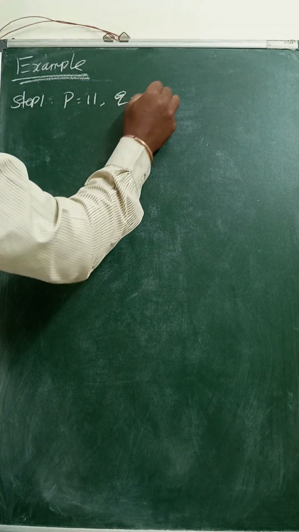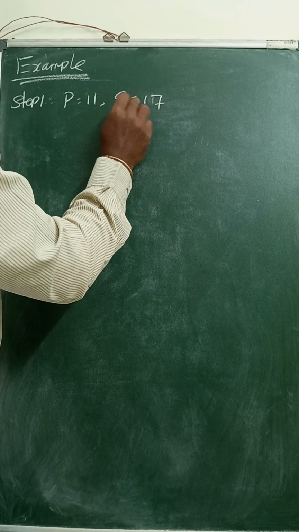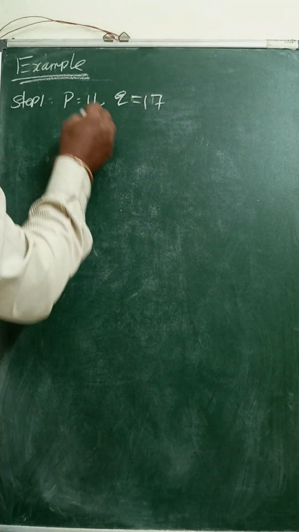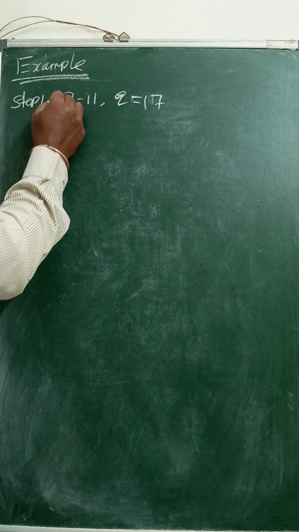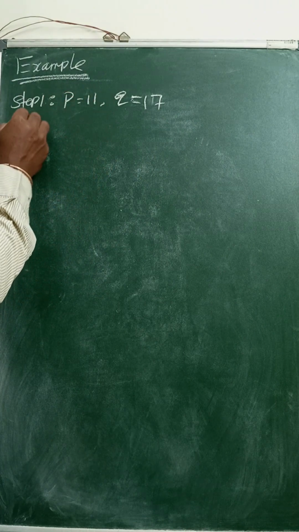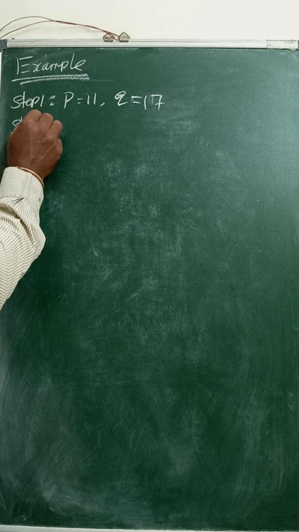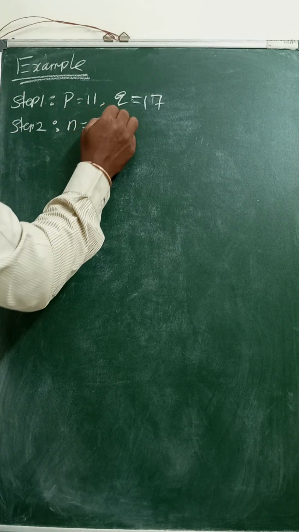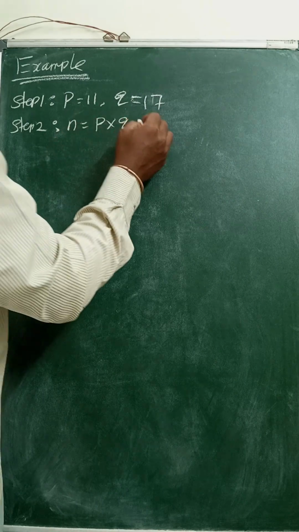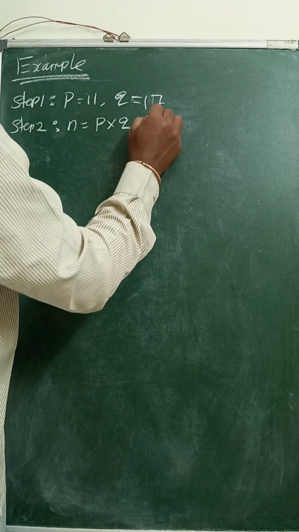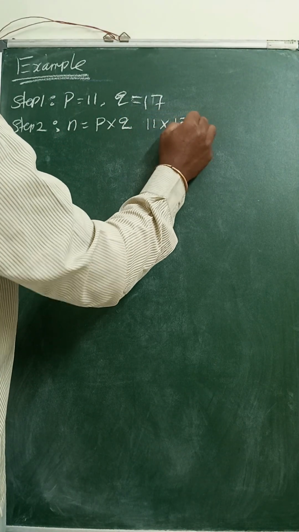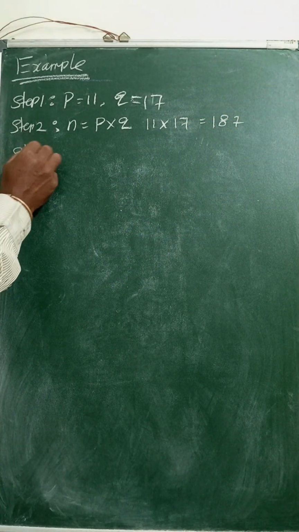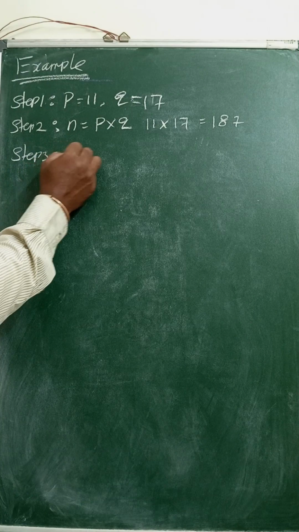Step 1 is to select P equal to 11, Q equal to 17. Both are prime numbers and co-prime. Then in step 2, we compute n equal to P multiplied by Q. So we got 11 into 17 equal to 187.